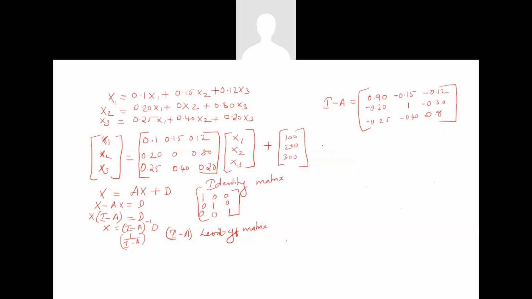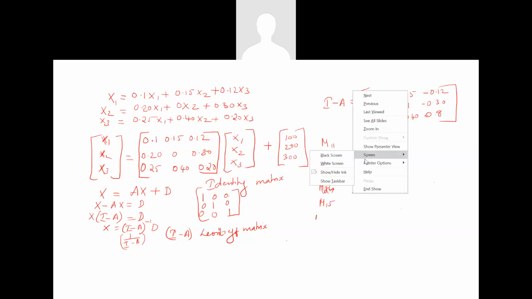You have to find what is M11, what is M12, what is M13. Then you have M21. It's actually a 3 by 3 matrix, so you don't have M14 and the like. Just a minute.